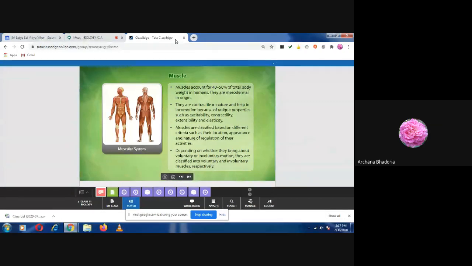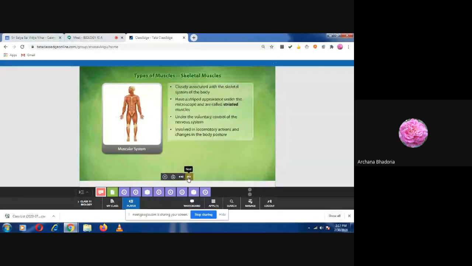I hope everyone is remembering that. Since the cardiac muscle fiber and the smooth muscle fiber, that is the unstriped muscle fiber, do not play a role in movement and locomotion of the body, we will not study them.